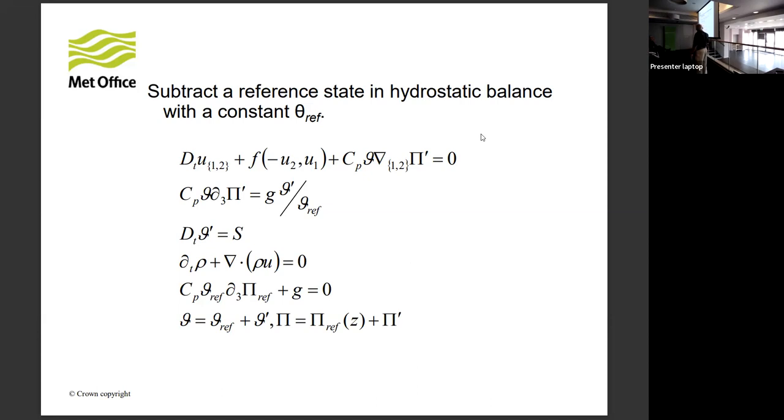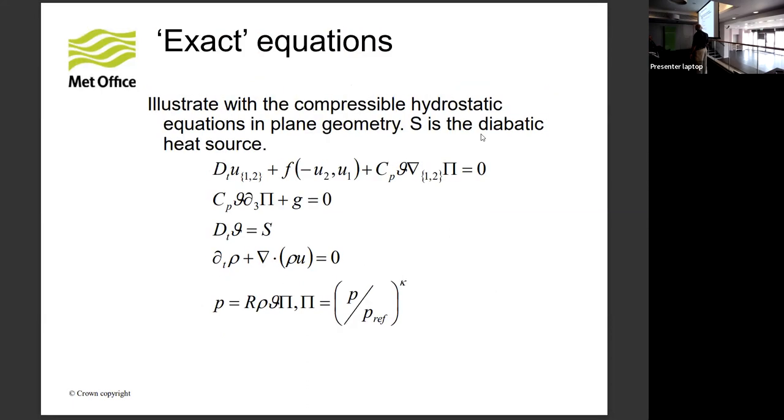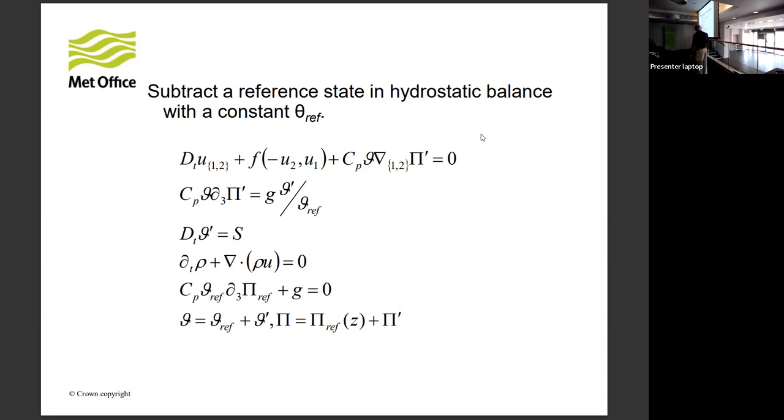To get the quasi-geostrophic model, theta ref is now a function of height. That means you're assuming that the reference state is a function of height, which is not really true if you look on very large scales.